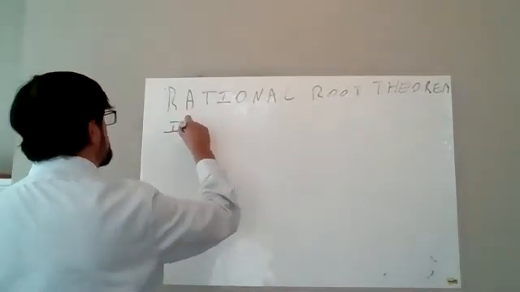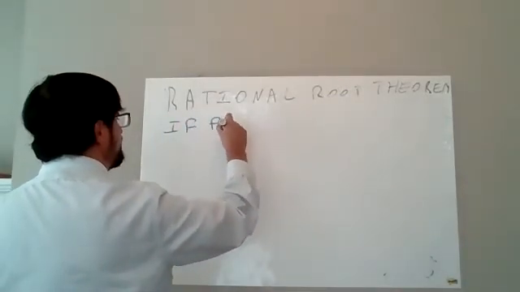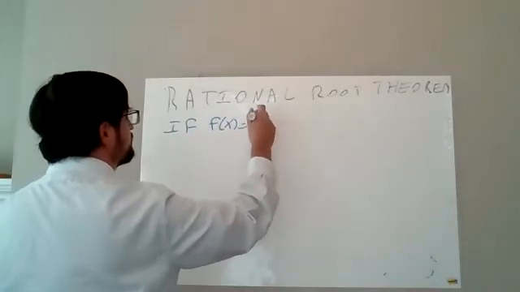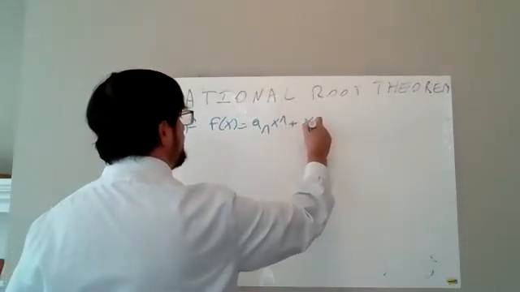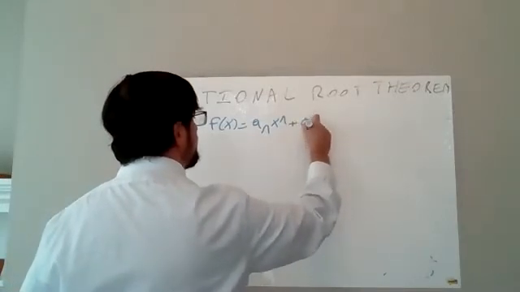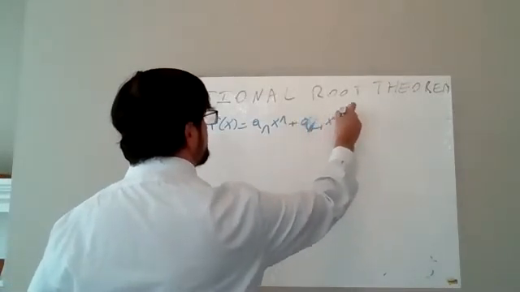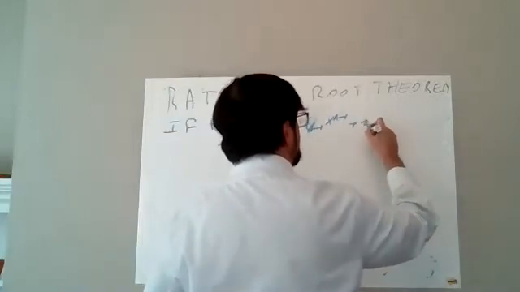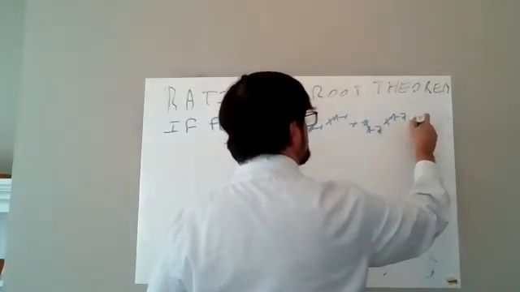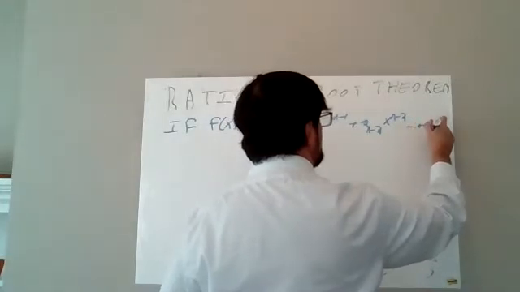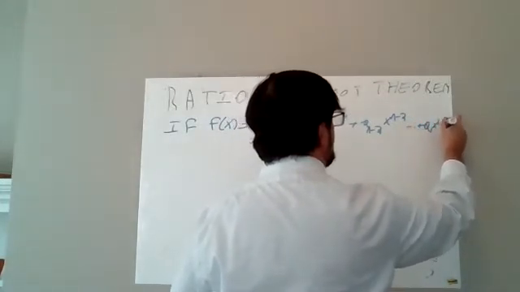if f of x is a polynomial, it equals a_n x to the n plus a_(n-1) x to the n minus 1, a_(n-2) x to the n minus 2, and so on, a_1 x to the 1 plus a naught.